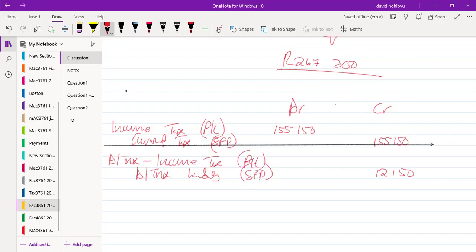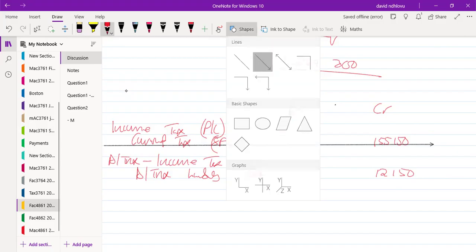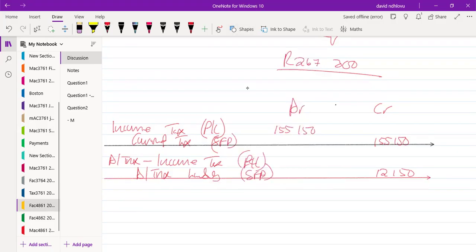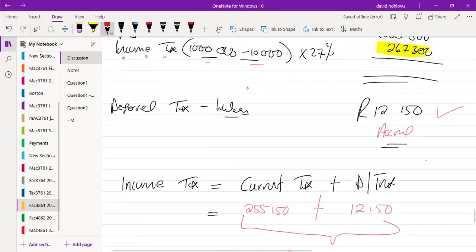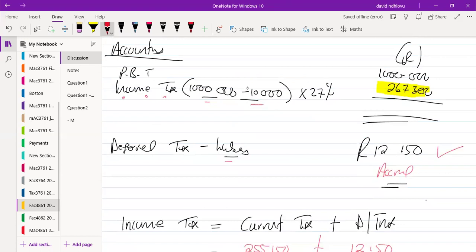What to do if you don't want to make any mistake with the deferred tax journal, especially if you are doing CTA, they are very fond of asking for that journal. Even if you are doing CT1, the undergrad, they ask that journal. You check your deferred tax and ask: is it an asset or a liability? We have a deferred tax liability. Then you look at the movement.